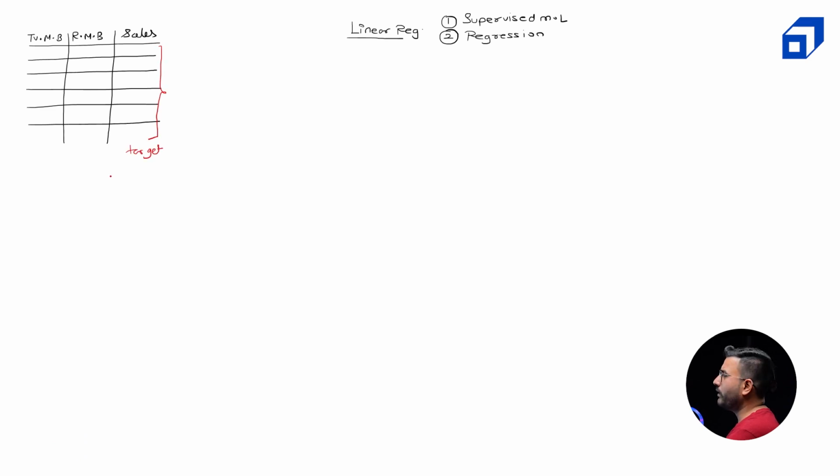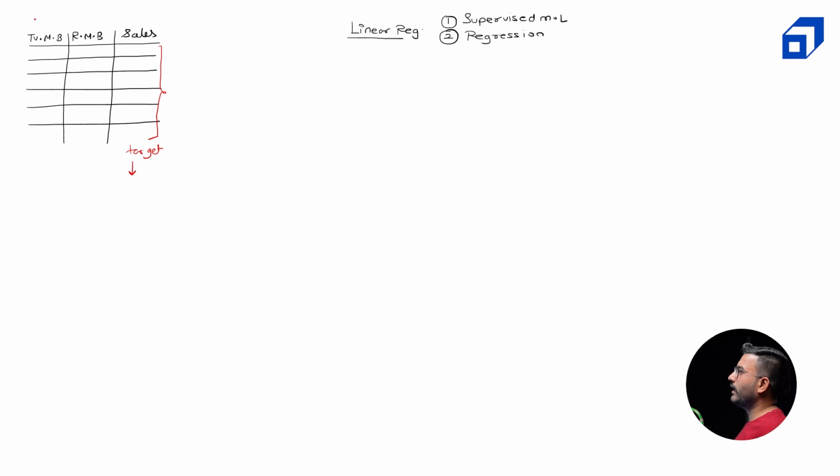And why is this my target variable? Because we want to predict. We are interested in finding out what is going to be the corresponding sales if my TV marketing budget is X units and radio marketing budget is, let's say, Y units.